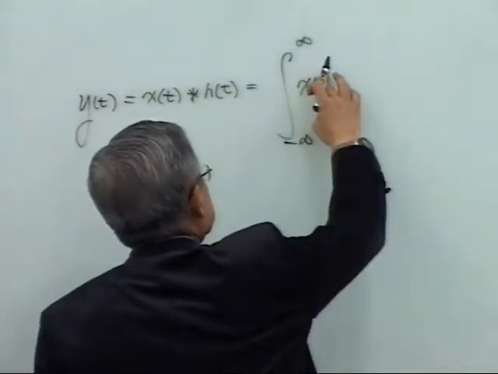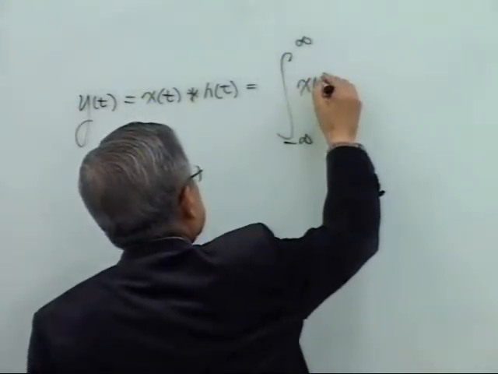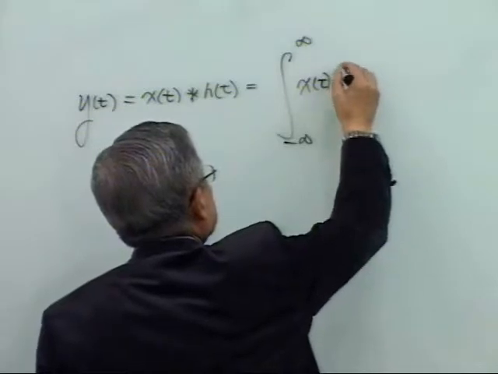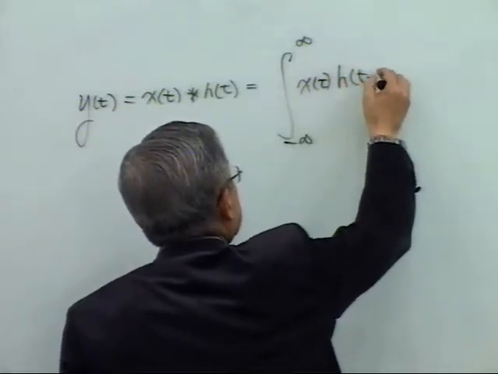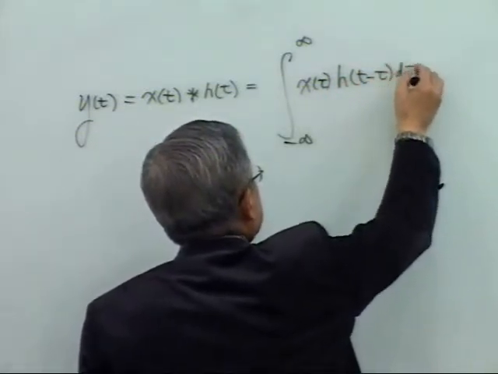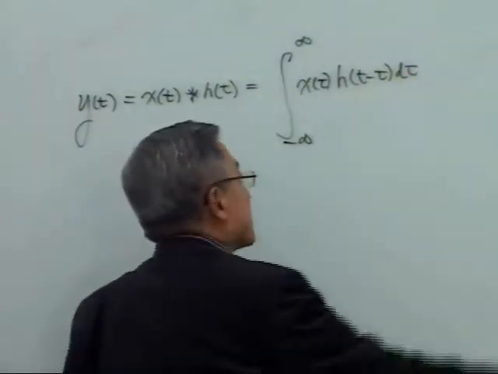So this is X of tau, H of t minus tau, d tau.